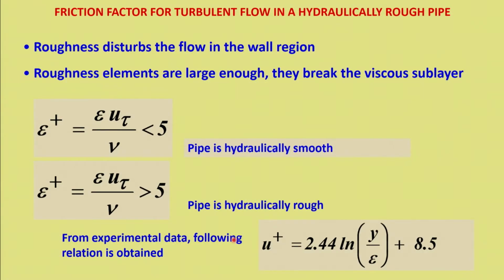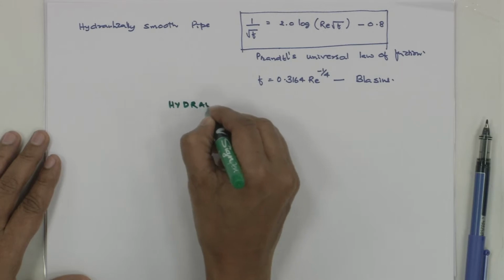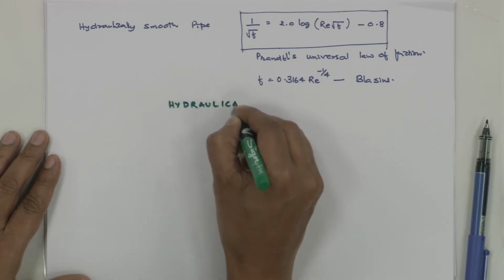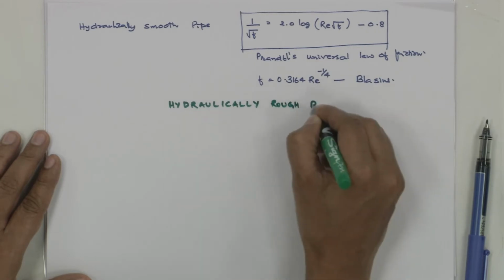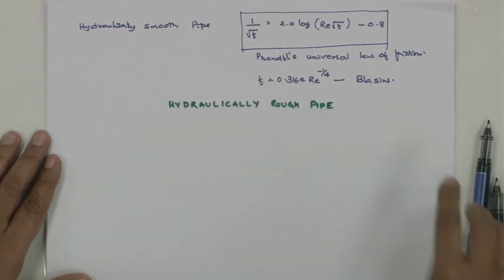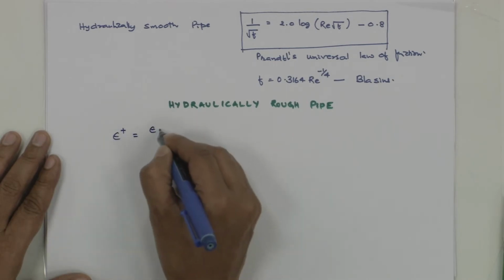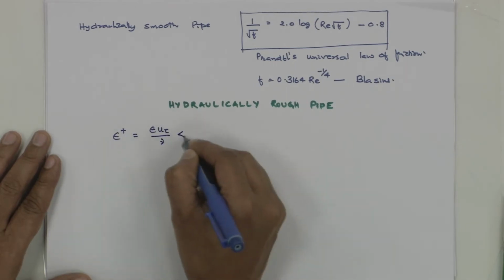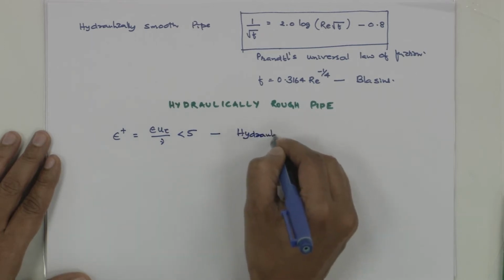Now we went for hydraulically rough pipe. What is a hydraulically rough pipe? We have defined that if the surface roughness epsilon plus, that is epsilon U tau by nu, is less than 5, then it is called a hydraulically smooth pipe.